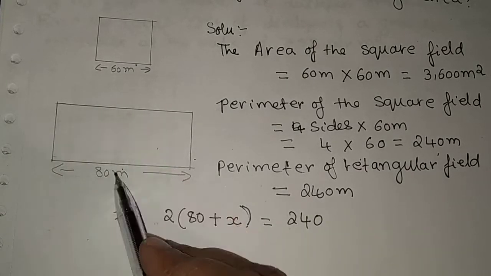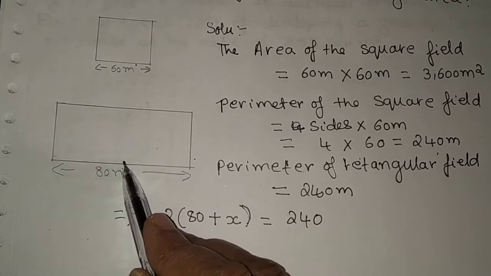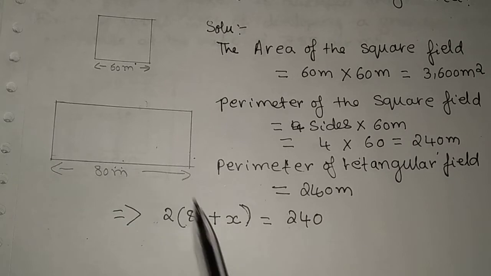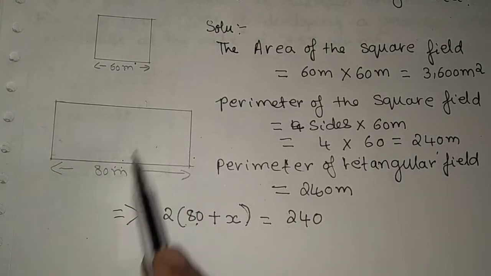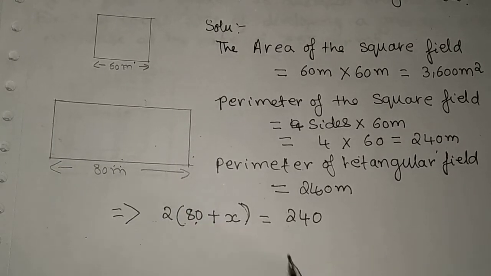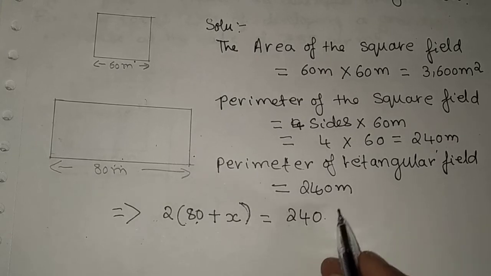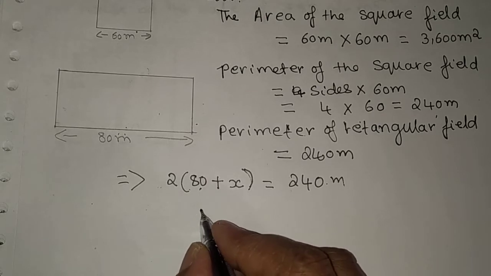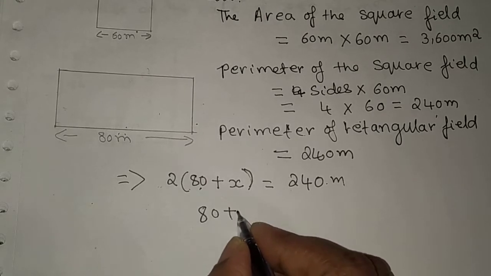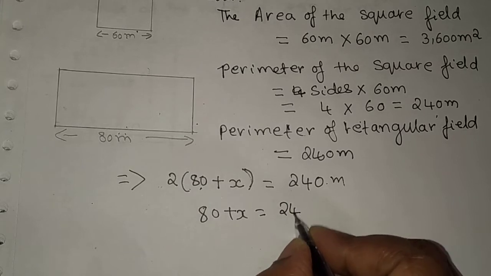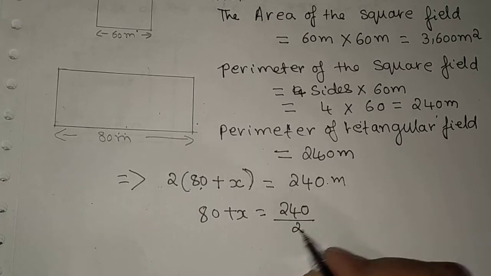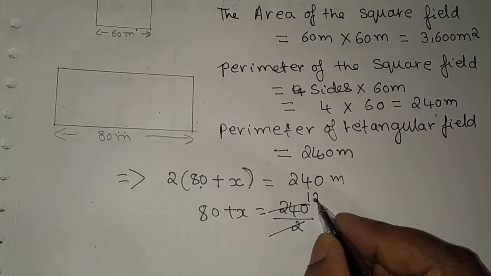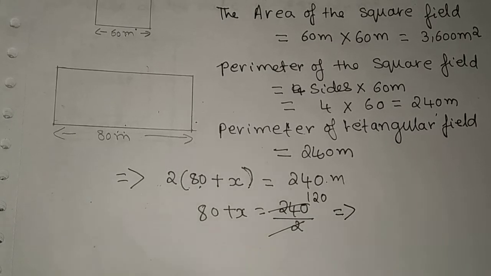Therefore this is 2, because these sides are parallel, 2 into these two sides 80 plus these two sides, opposite sides are equal in the rectangle, which is equal to 240 m, the perimeter. So now we have to calculate x, therefore 80 plus x is equal to 240 by 2, which is 120.